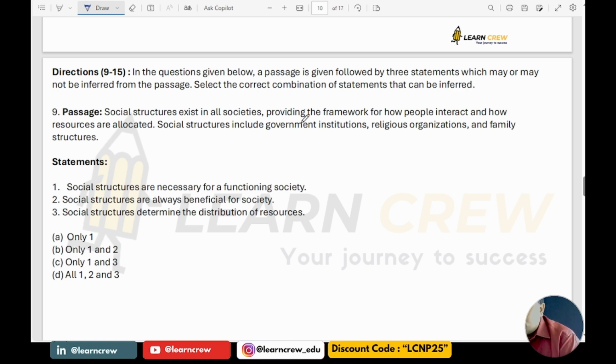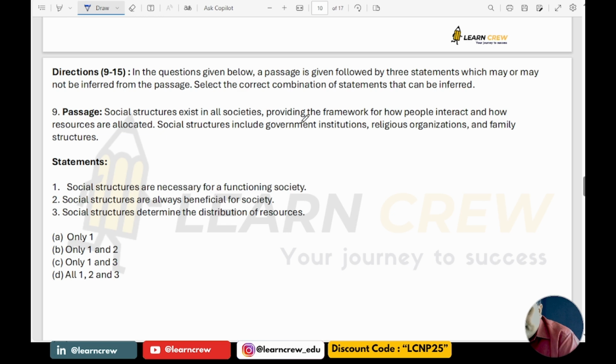So, if you see the passage once again, social structures exist in all societies, providing the framework for how people interact and how resources are allocated. Social structures include government institutions, religious organizations, and family structures. So from this, if you see the first statement, the first statement states that social structures are necessary for a functioning society.